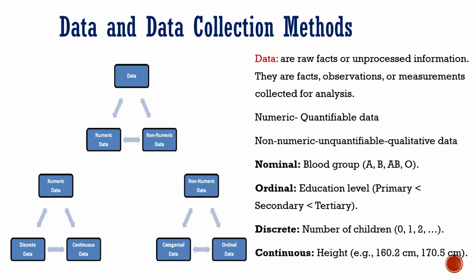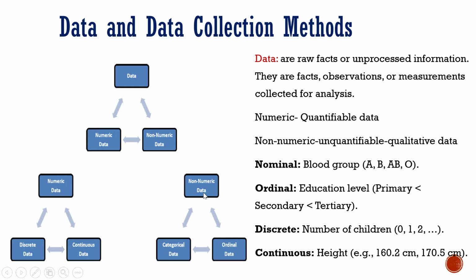But continuous data have decimal points, maybe we're talking of height. You can have 160.2 cm, or 55 point something. They are continuous because they cannot be only whole numbers. So they are called continuous data.